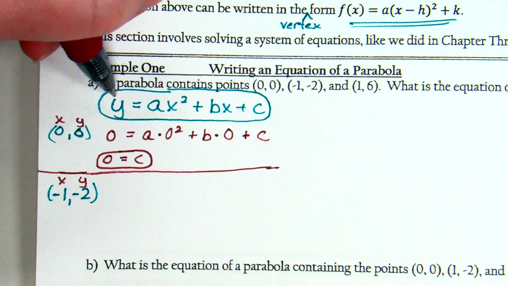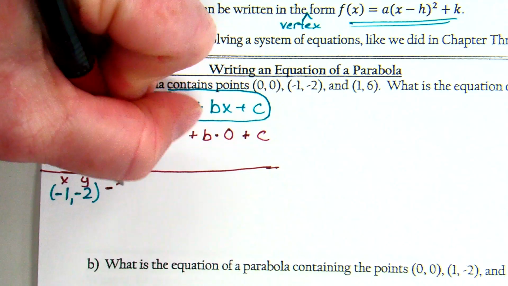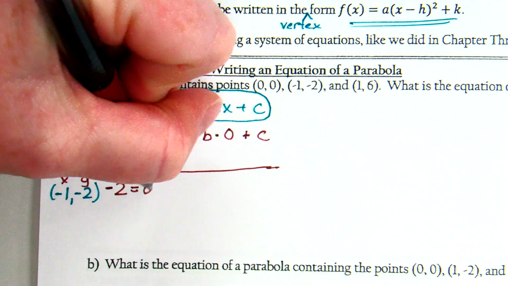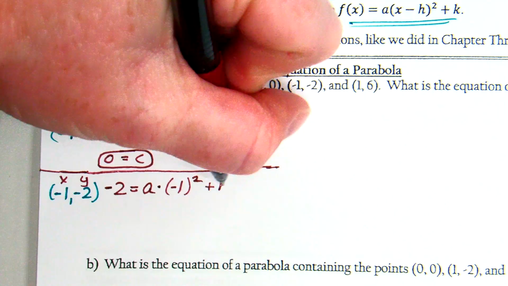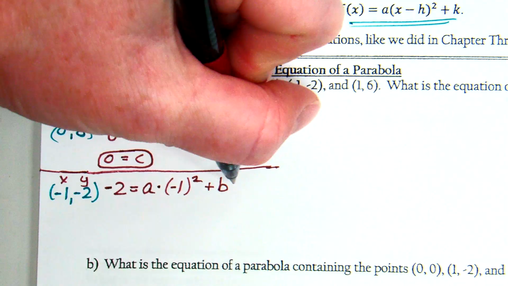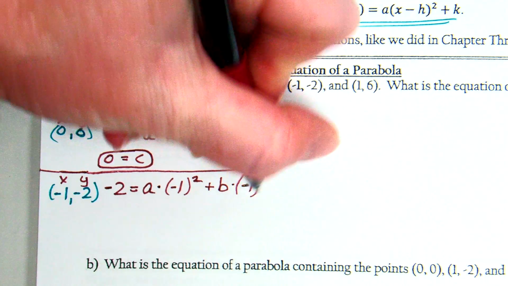So, using this standard form, y equals means I'm saying negative 2 equals A times X squared. What am I putting in for X this time? Negative 1. So A times negative 1 squared plus B times X, and X is negative 1, plus C.